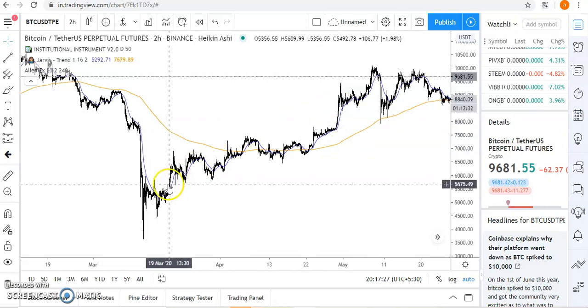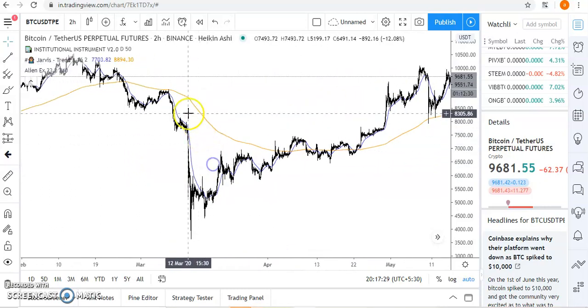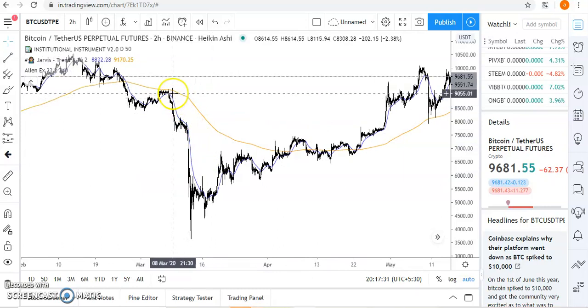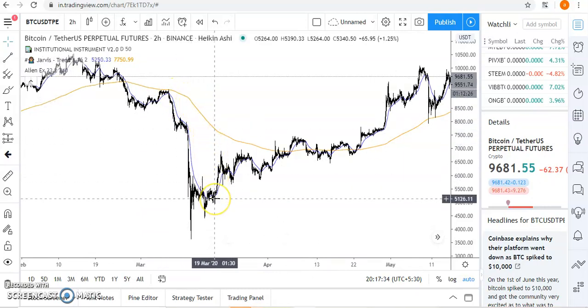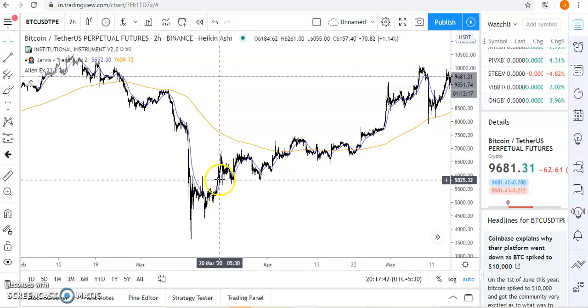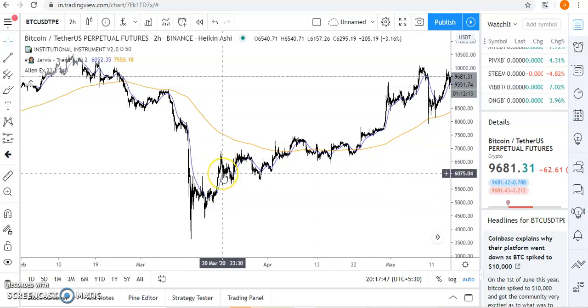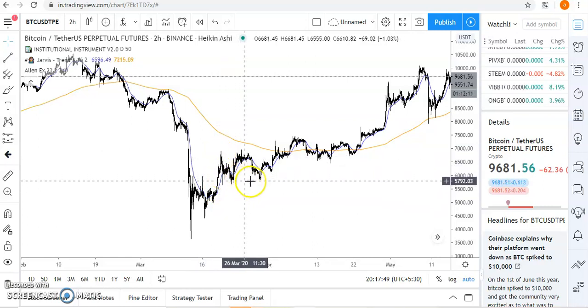For example, if you are in a bear trend, and if you are a swing trader or a scalper, you can take a long position as soon as you see price trading above this blue line. How nicely price went up, and again it found dynamic support near the blue line.